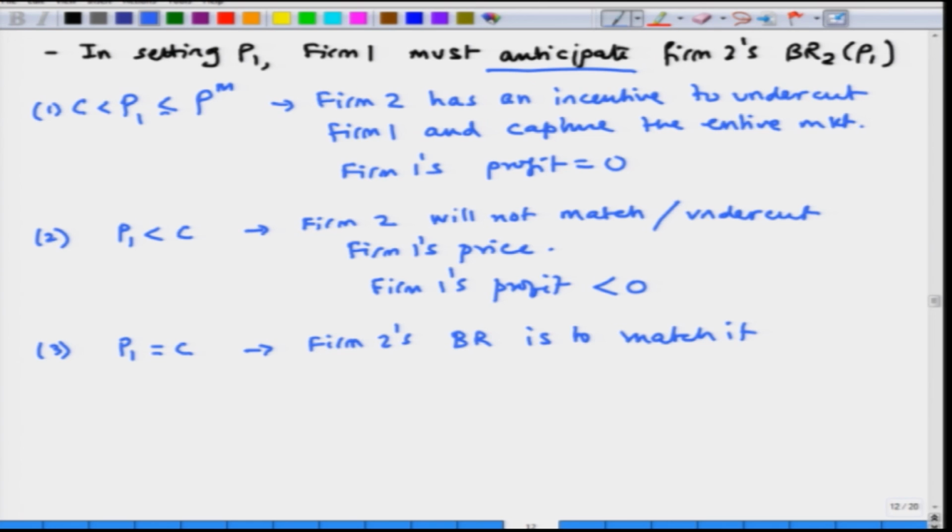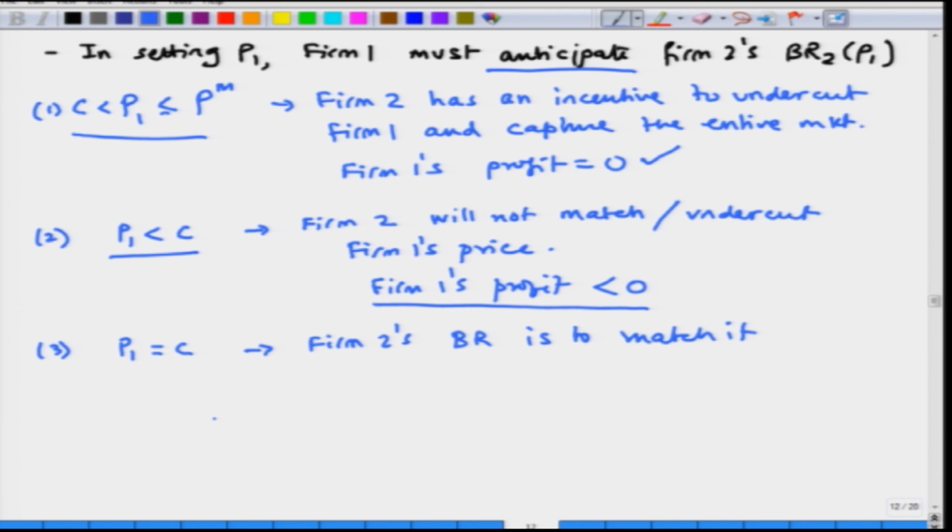Charging a price greater than the marginal cost implies that it does not make any sales, nobody comes to it, its profit is going to be 0. Charging less than C is again not optimal because its profit is going to be negative.